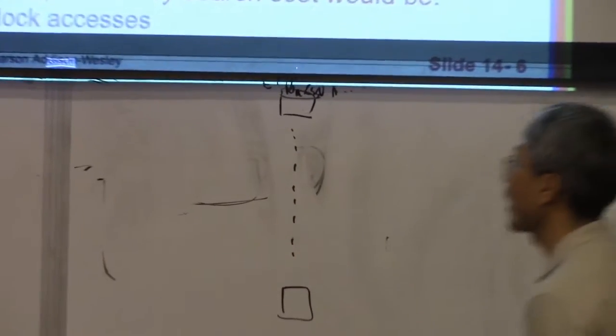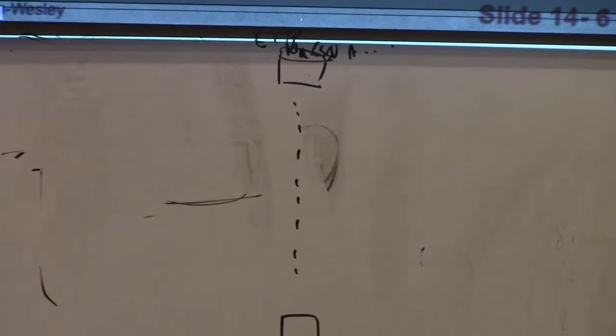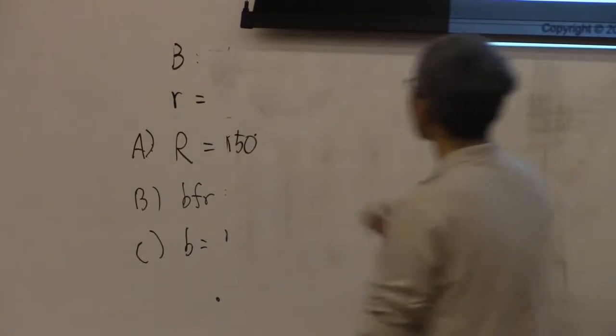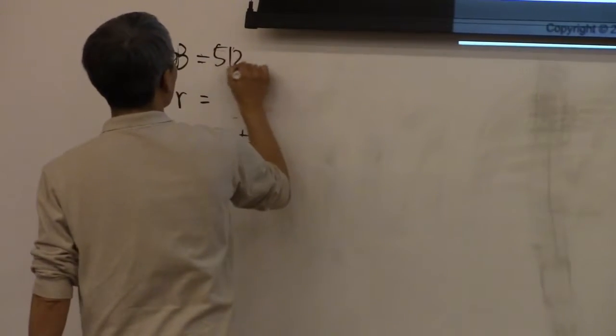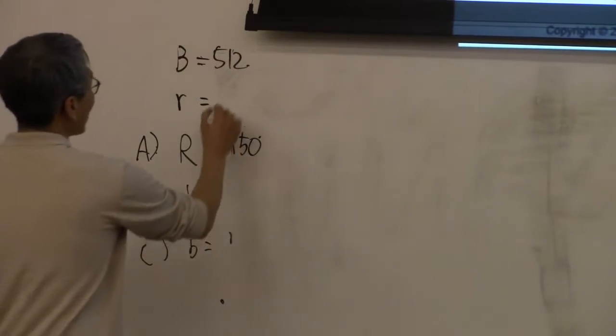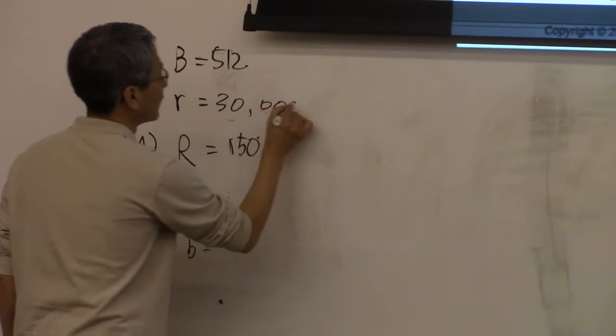And the record size R is 150 bytes. You don't have to worry about whether it's fixed or variable here. It's given. And the block size is 512 bytes. And then the number of records is 3000.